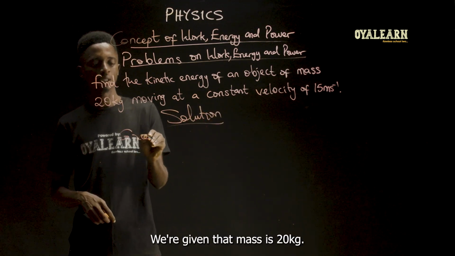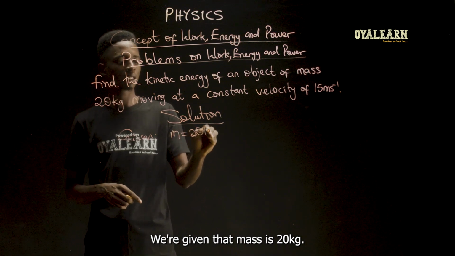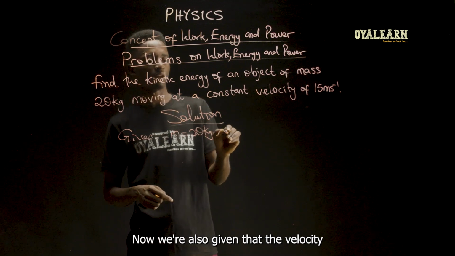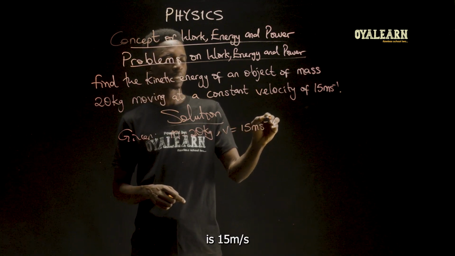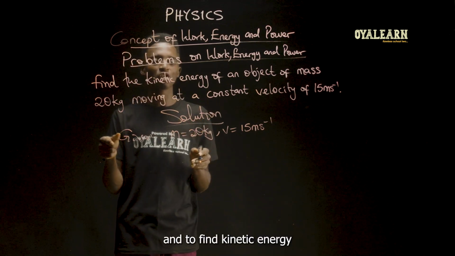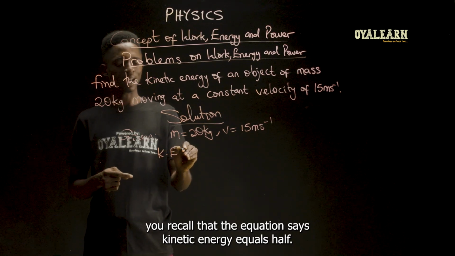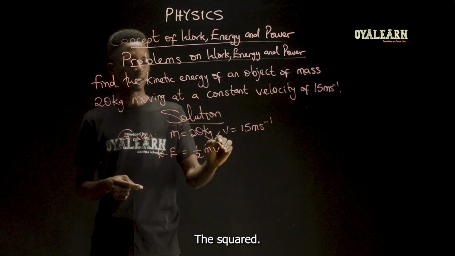We're given that mass is 20 kilograms. Now, we're also given that the velocity is 15 meters per second. And to find kinetic energy, you recall that the equation says kinetic energy equals half mv squared.